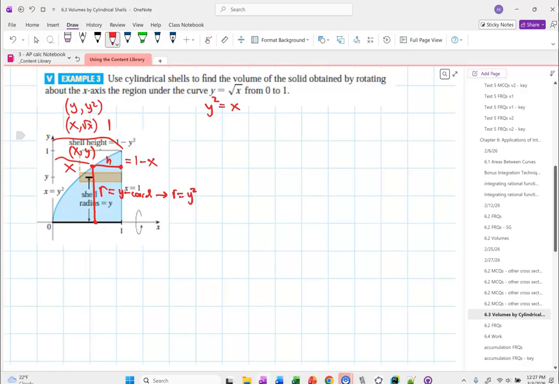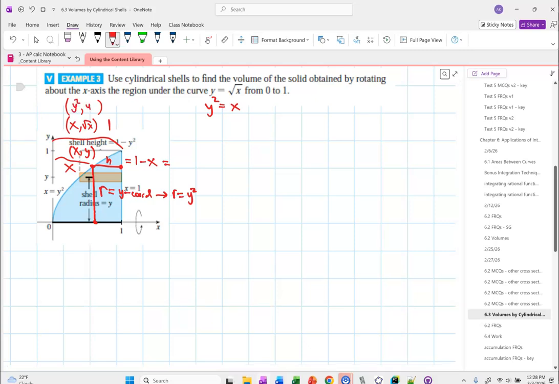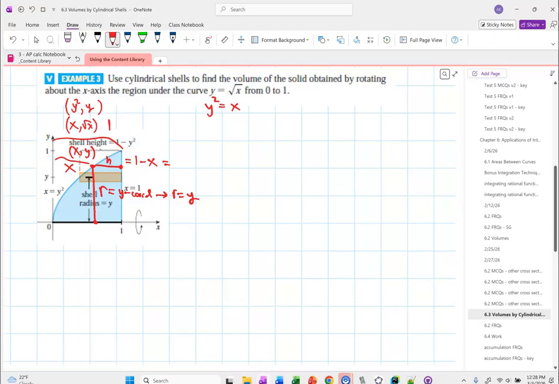And since I know x is equal to y squared, oh my goodness, guys, y squared comma y. Should be 1 minus y squared. Everybody okay?